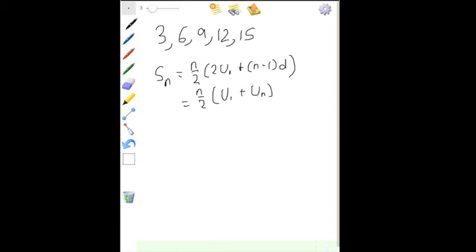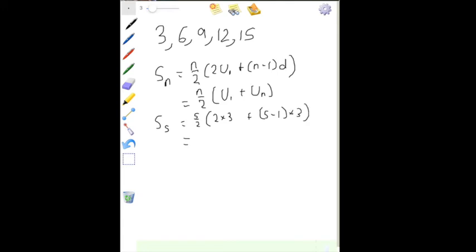So if we take this example again, for the sum of 5 terms in this sequence, we can either use the formula n/2, which in this case would be 5/2, times 2 times u_1, so 2 times 3, plus (n - 1)d, so (5 - 1) times 3.